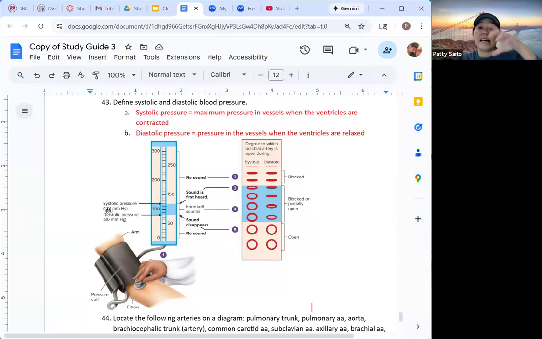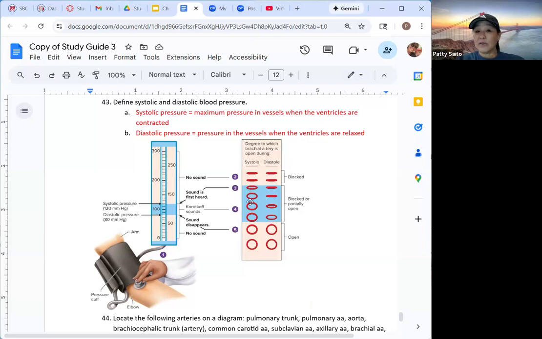And that's how they measured blood pressure, and it kind of stuck. Now, we don't use mercury anymore for the most part, but that's still the unit that we use. Okay, so 120 millimeters of mercury is an average systolic blood pressure.